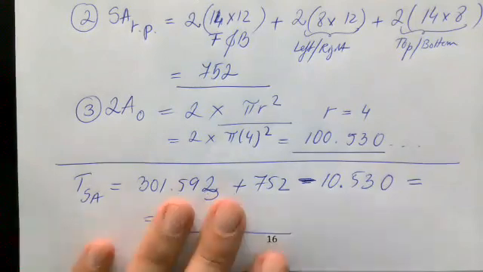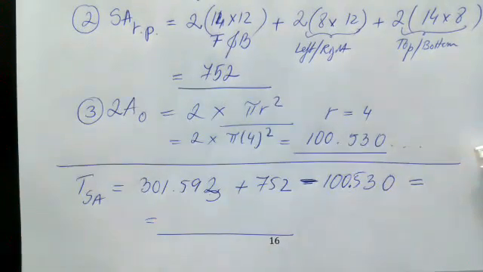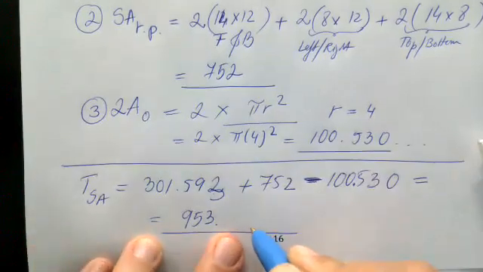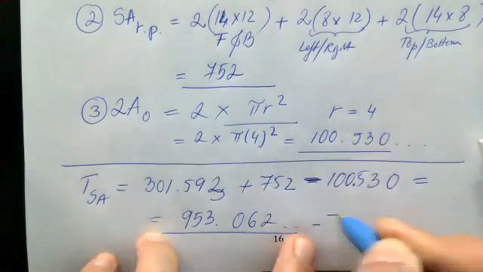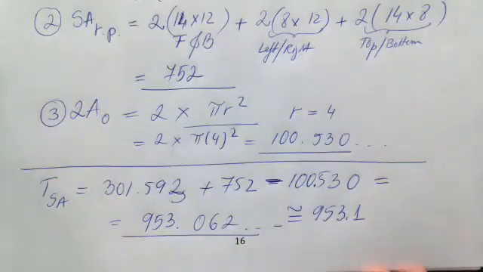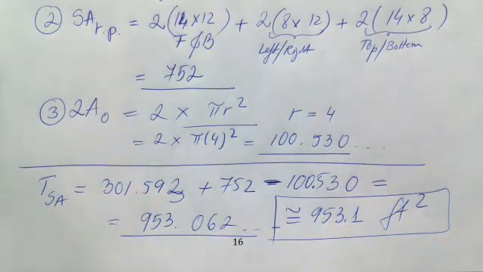So approximately 953.1. What's the unit for a surface area? Yeah, feet squared. All good? Okay.